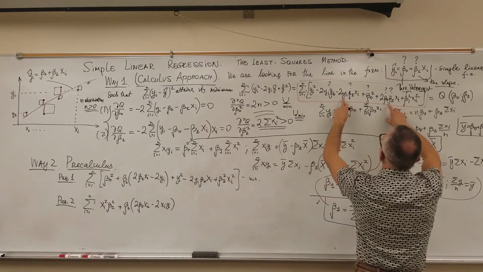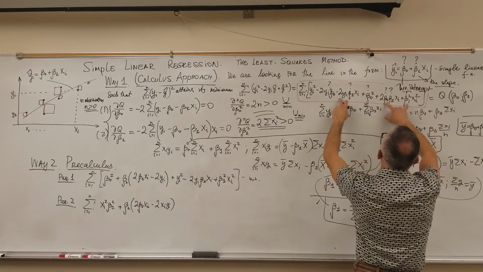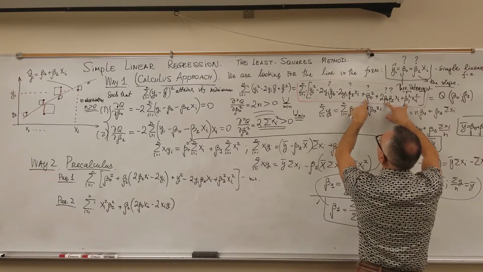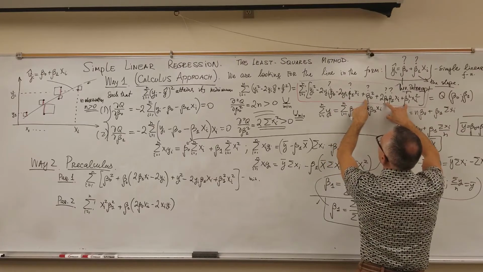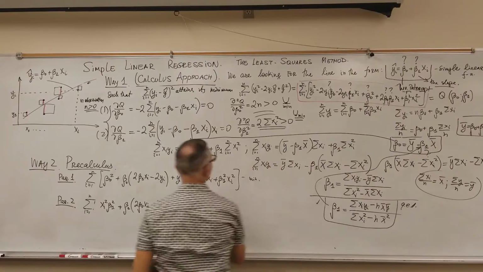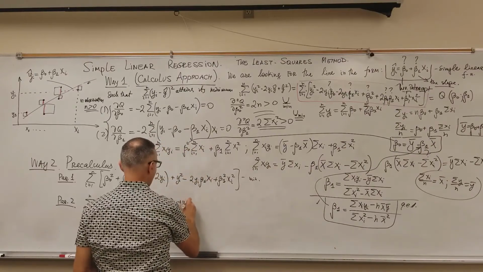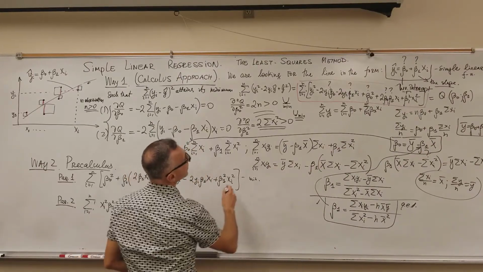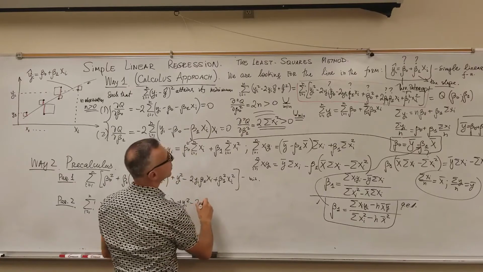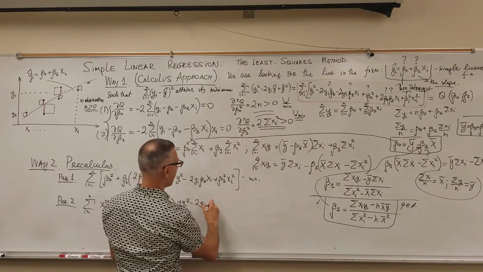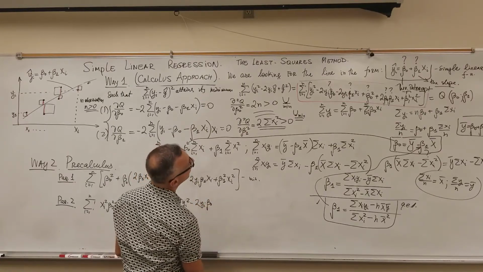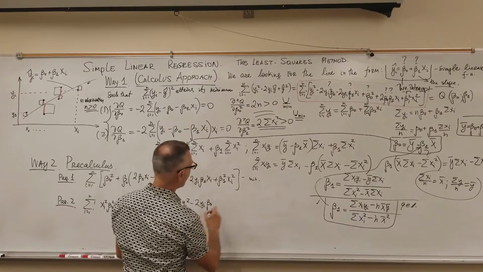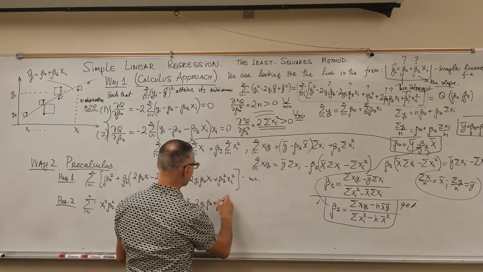So I collected beta 1 to the first power, and the rest is yi squared minus 2 yi beta 0 plus beta 0 squared.